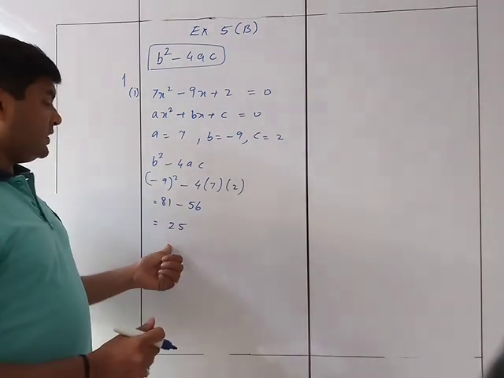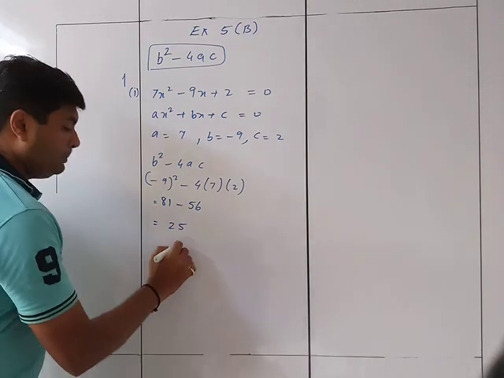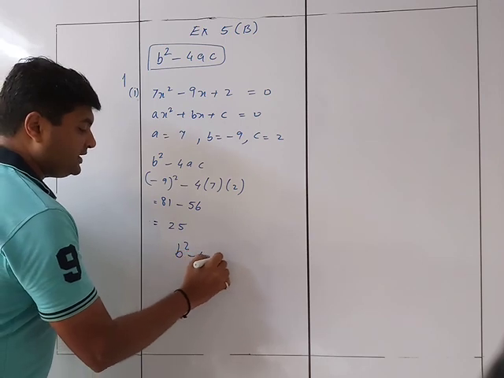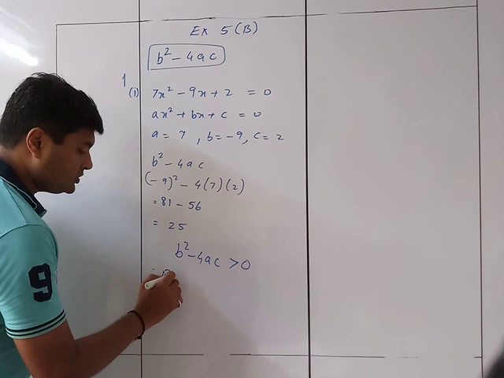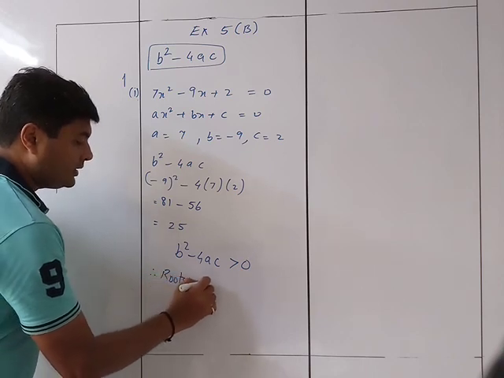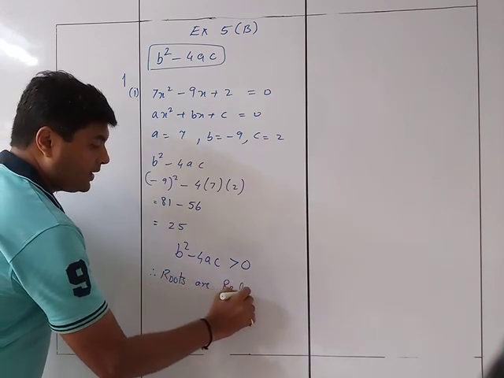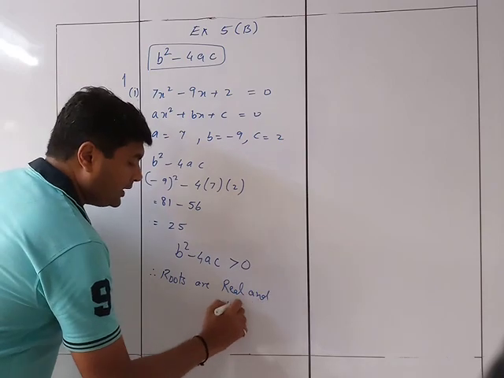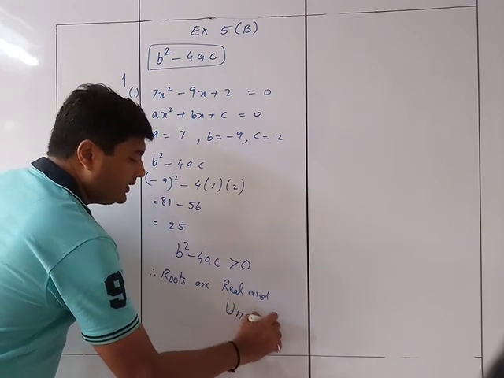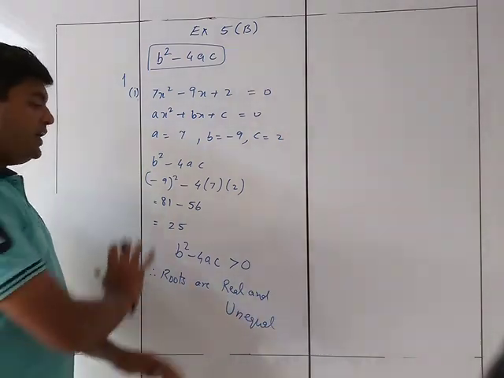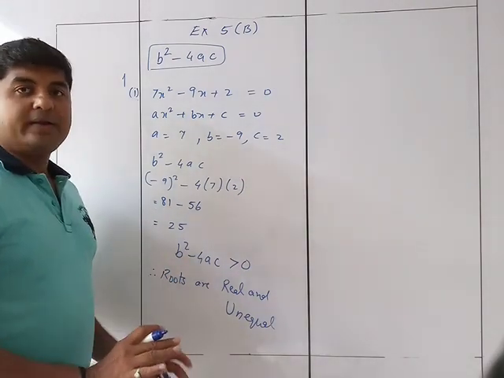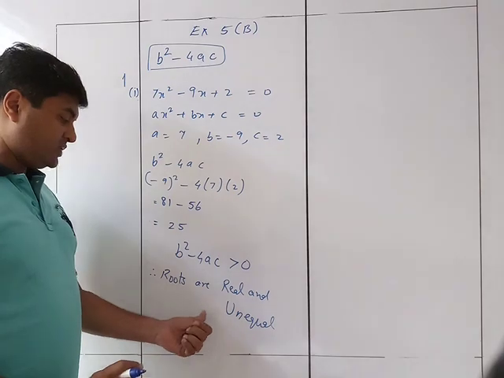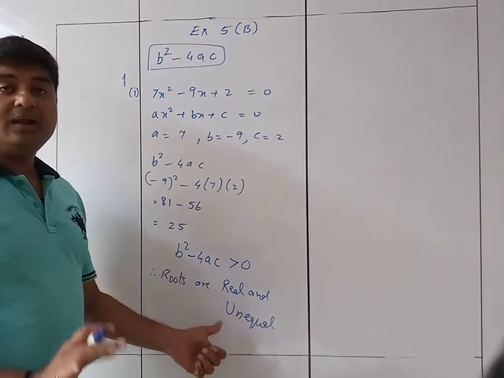With this we come to know that b square minus 4ac is greater than 0. Therefore roots are real and unequal. That's the only thing we need to find out. We don't need to find anything else, just figure out the nature of the roots. So the nature of the roots here will be real and unequal.